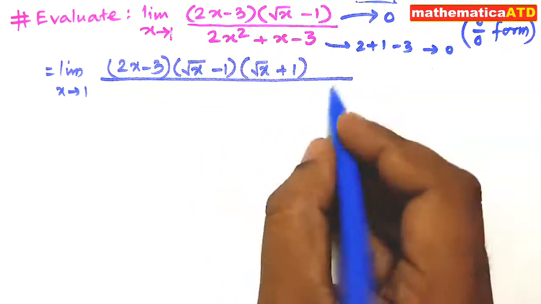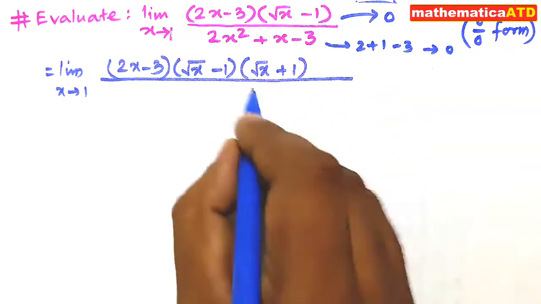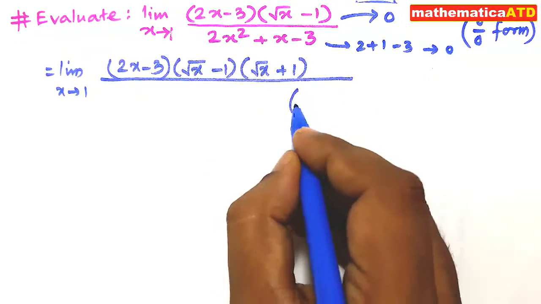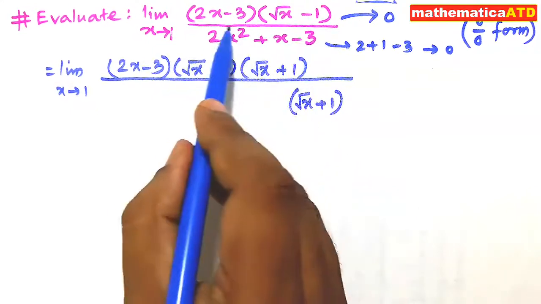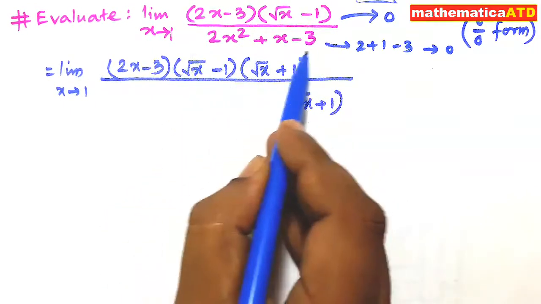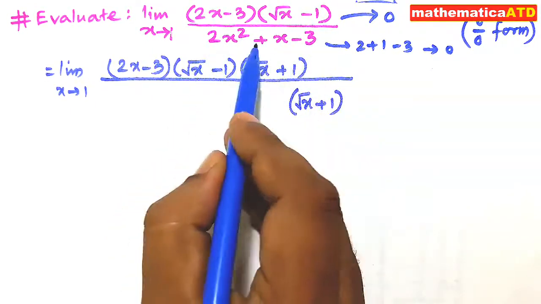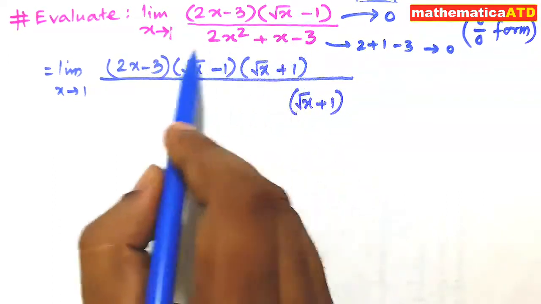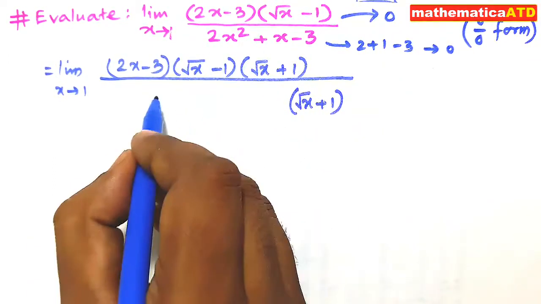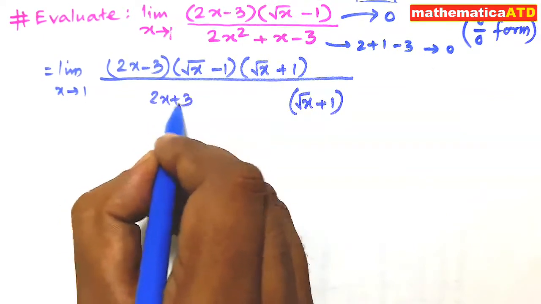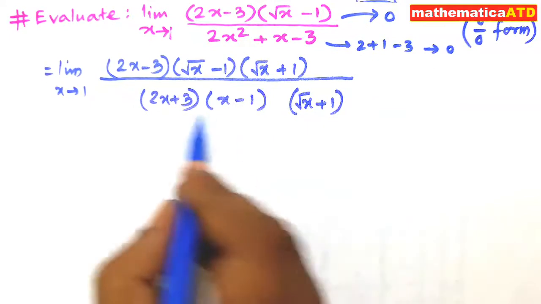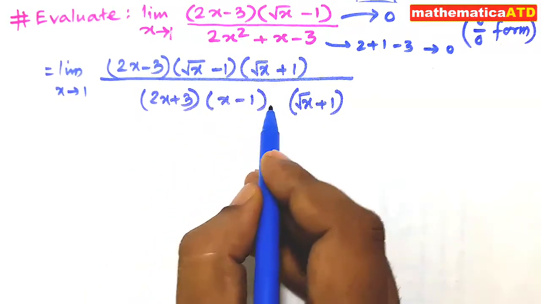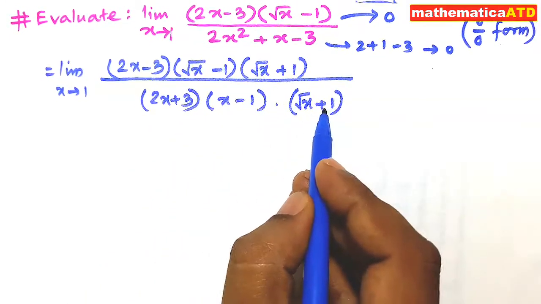So we shall multiply the denominator also by root x plus 1. And in the original, the denominator contains this polynomial, that is 2x square plus x minus 3. If you factorize this, you will get (2x plus 3) into (x minus 1). Okay, so (2x plus 3) into (x minus 1) into (root x plus 1).